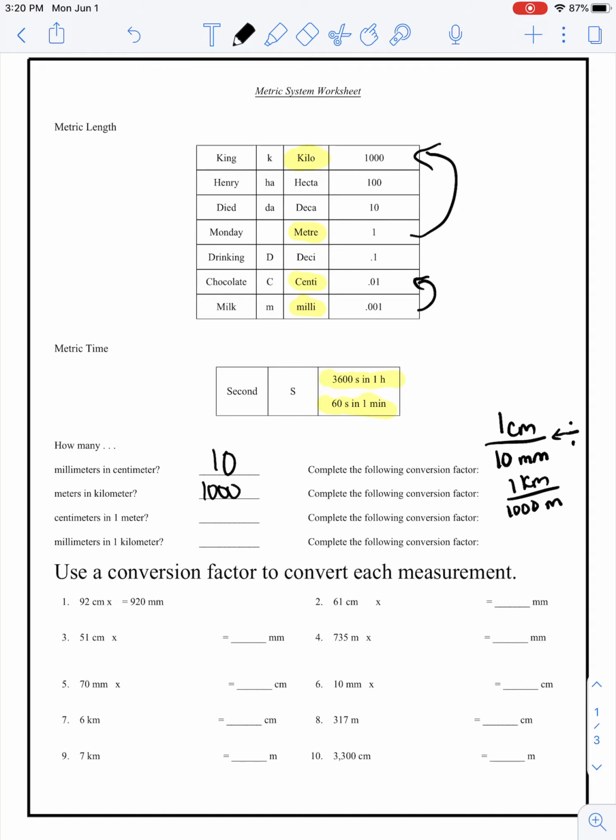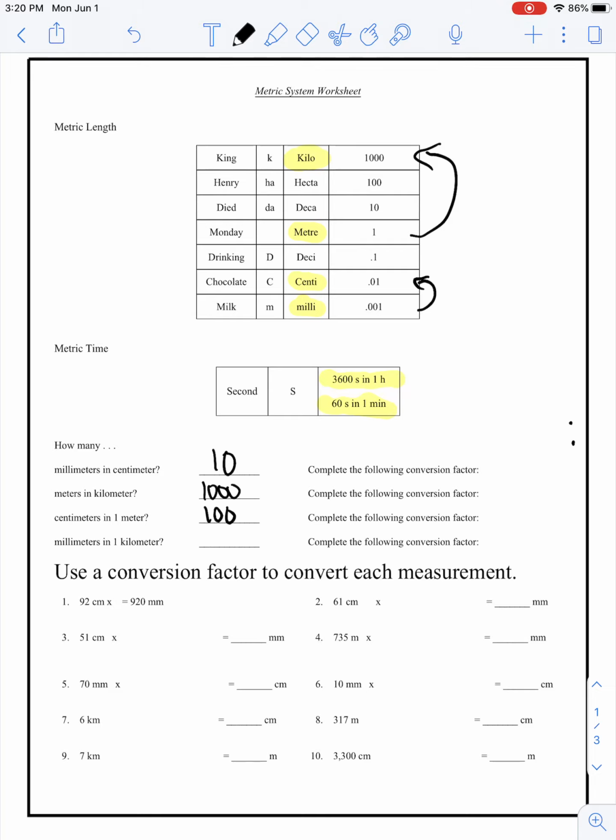So logically, because we're always going by factors of 10, there would be 100 centimeters. So 100 centimeters per 1 meter. And now I'm officially out of room, so I'm just going to erase that because you already took it down, hopefully. And we'll just finish up.